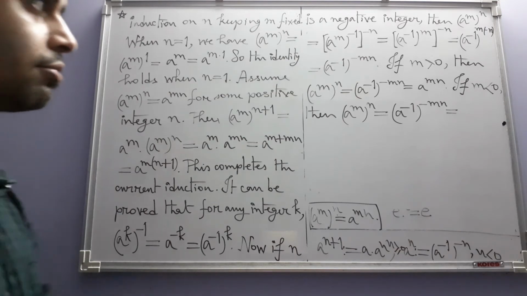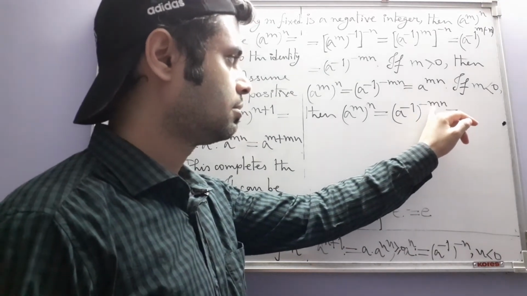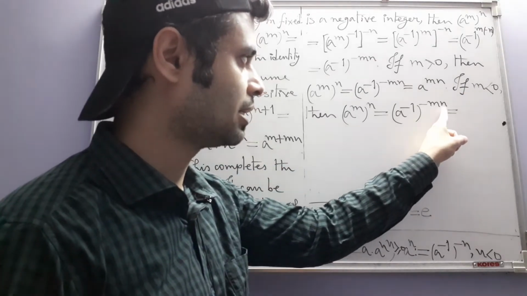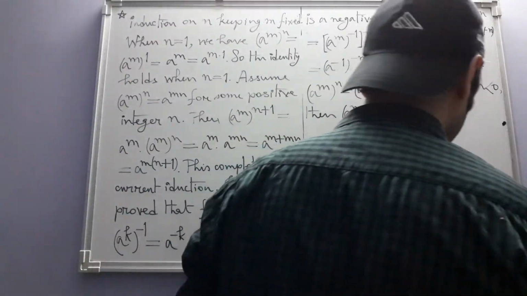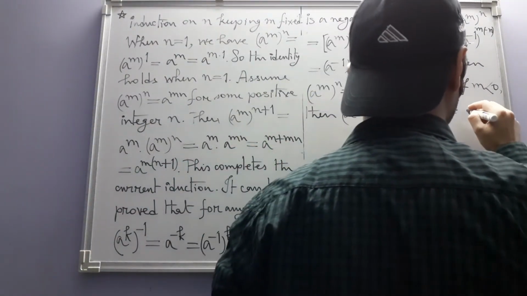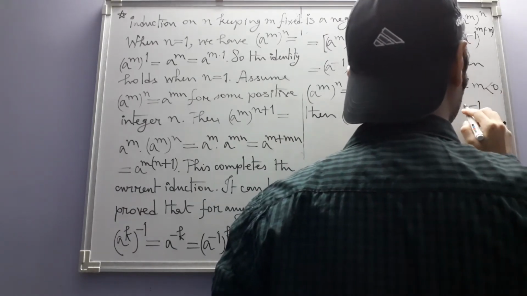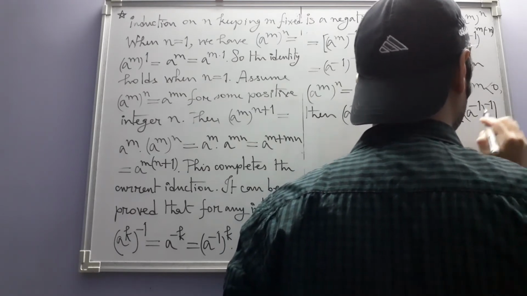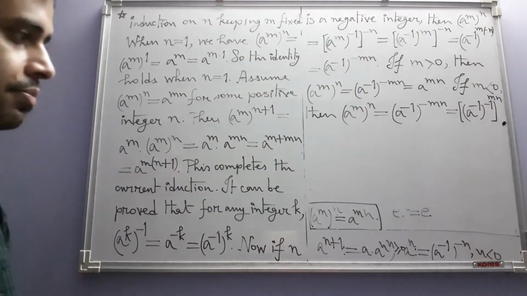Now what is the final sign of minus mn? It is negative, because minus m is positive but n is negative. So that means according to our definition, this is A inverse to the power mn. Do you see why?